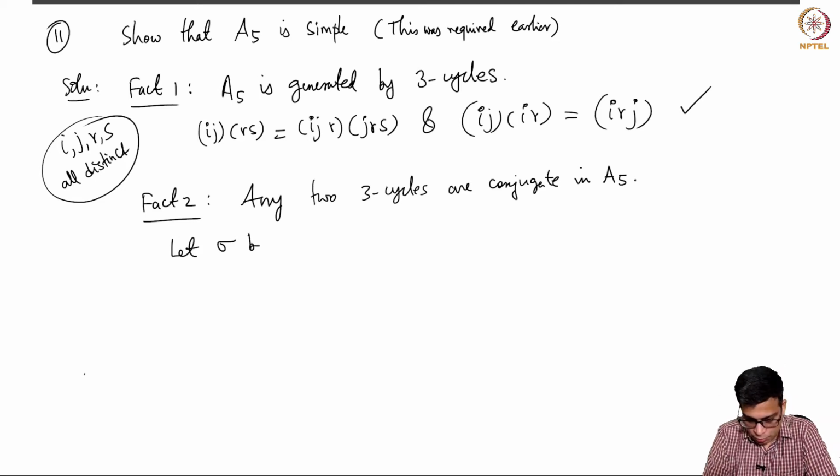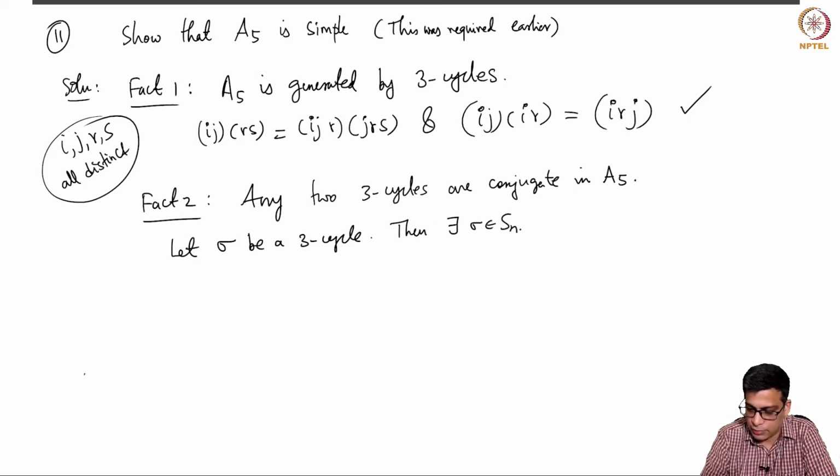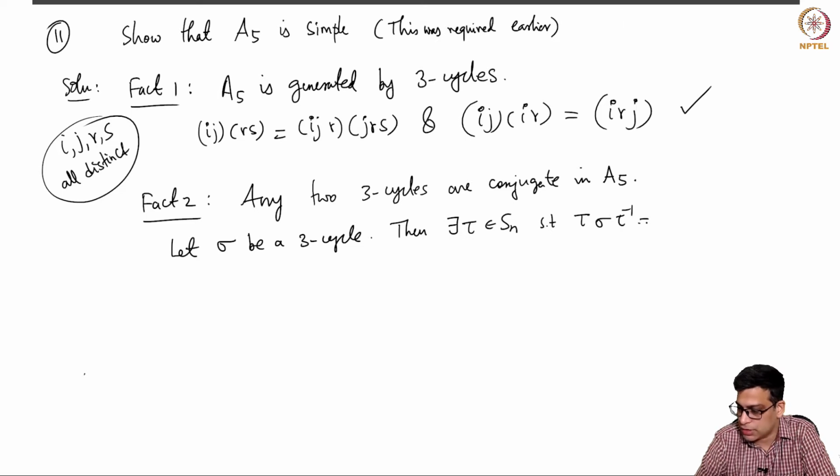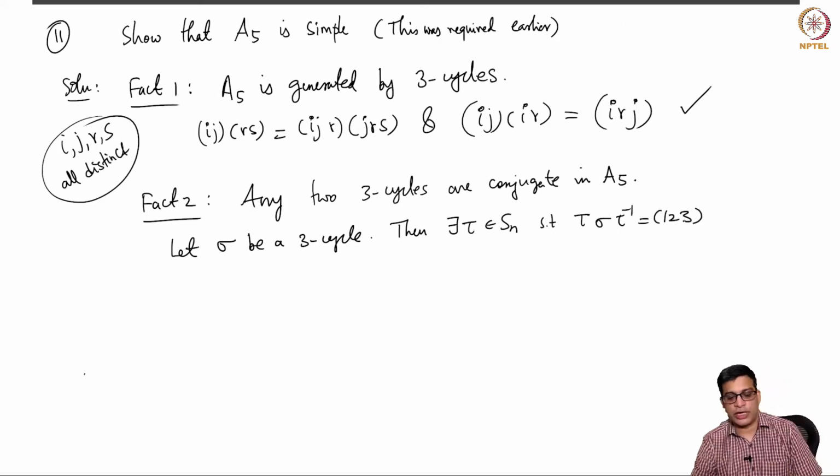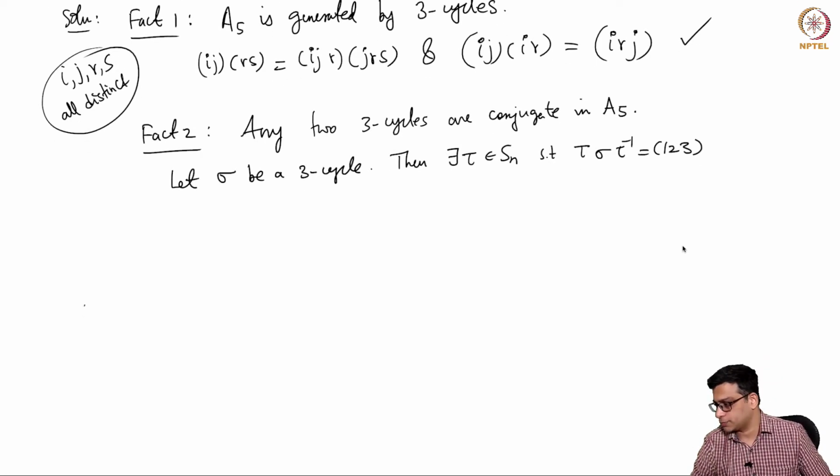So, let sigma be a 3 cycle. We know that there exists a tau in Sn such that tau sigma tau inverse is (1 2 3). So we will show that every 3 cycle is conjugate to the specific 3 cycle (1 2 3).